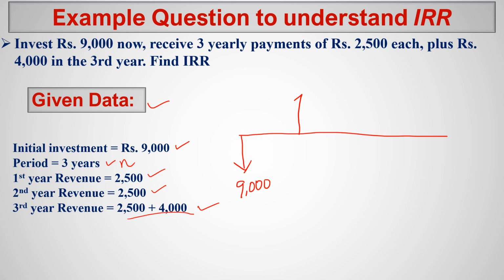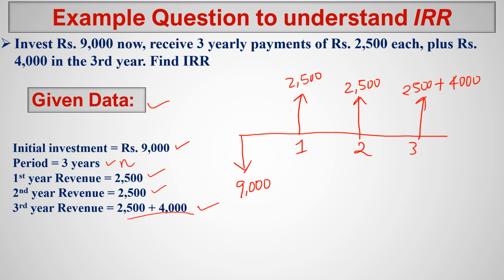In the first year we are getting 2,500, in the second year we are getting another 2,500, and in the third year we are getting 2,500 plus 4,000. So now we understand the question.